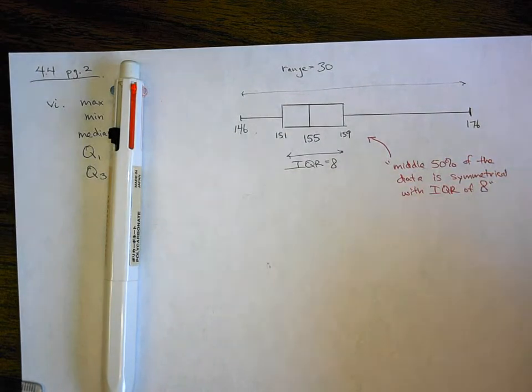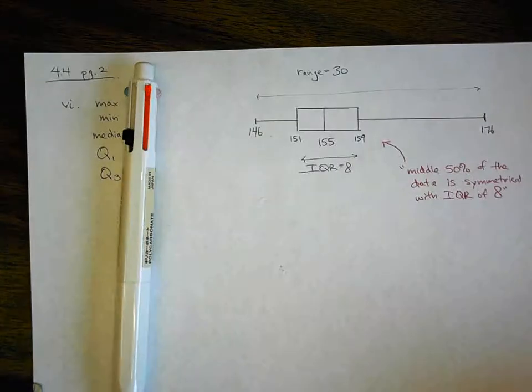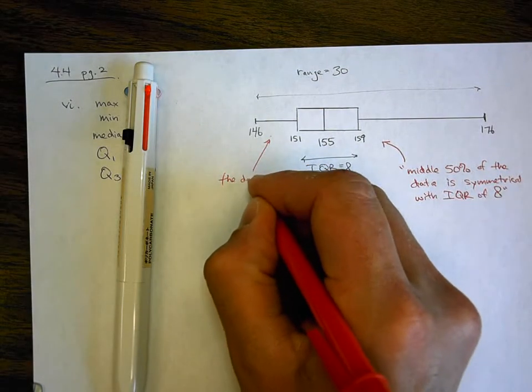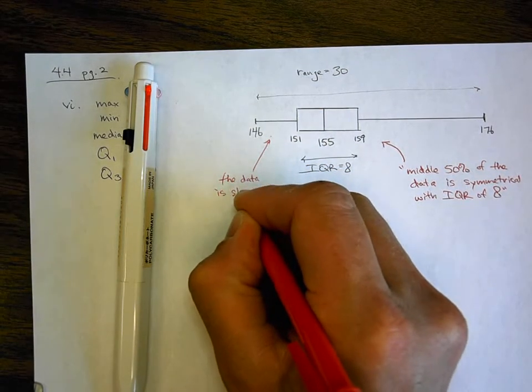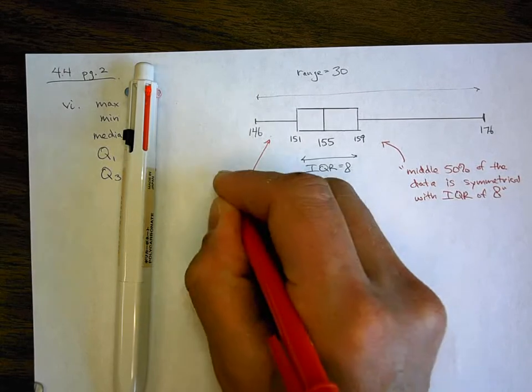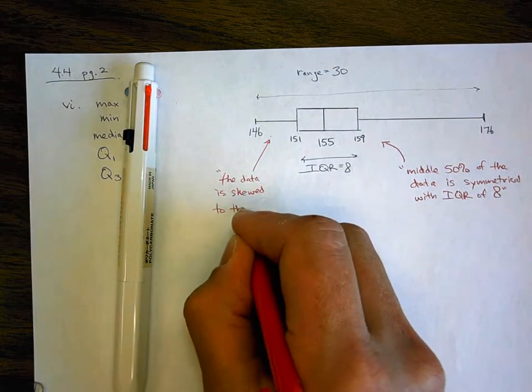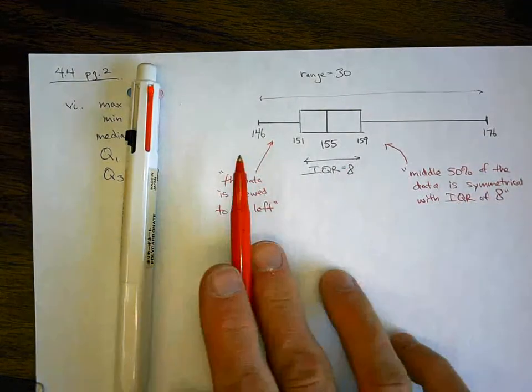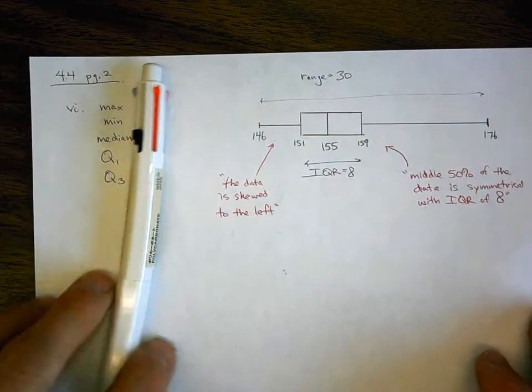You can make an observation like that, and you could say that the data is skewed to the left. In general, most of the finishers finished in the first, earlier.